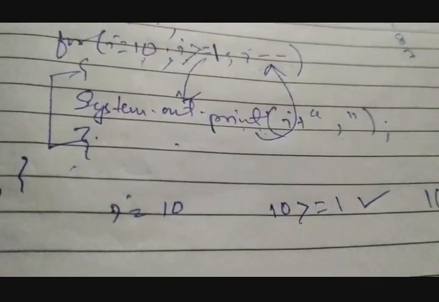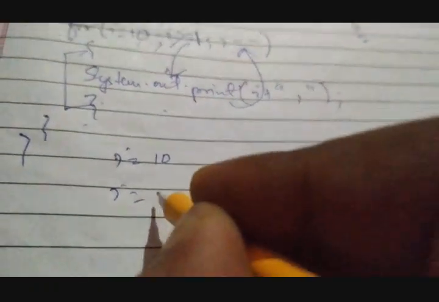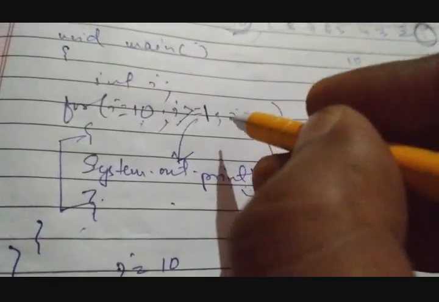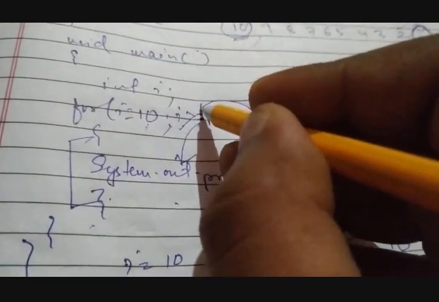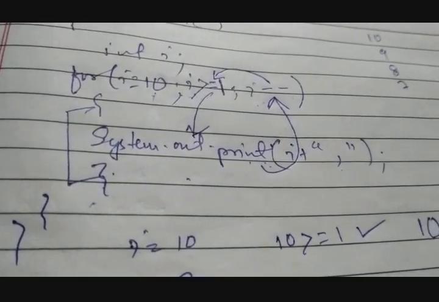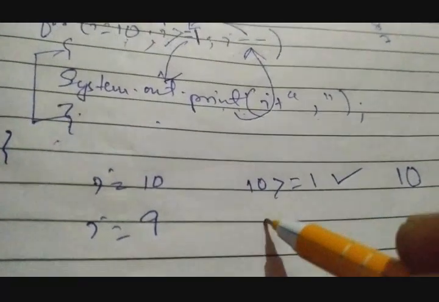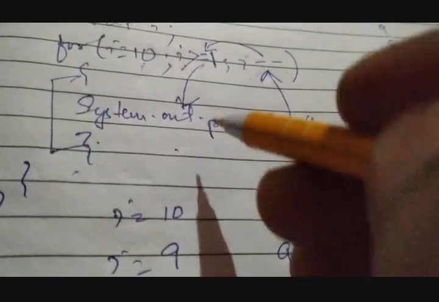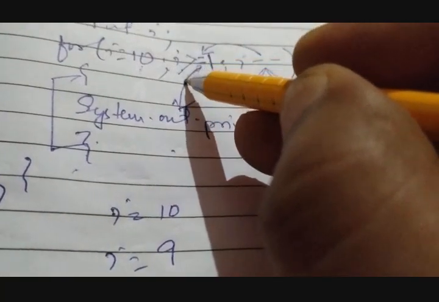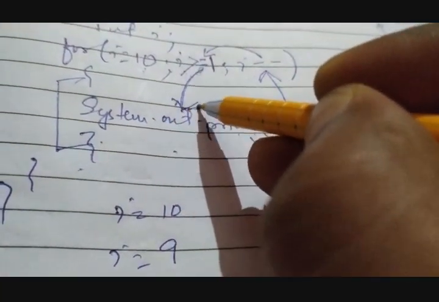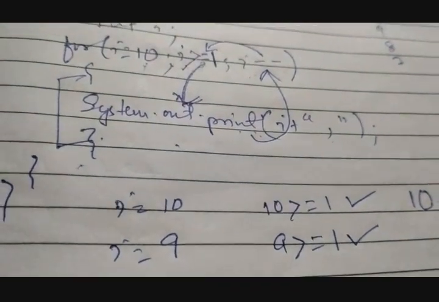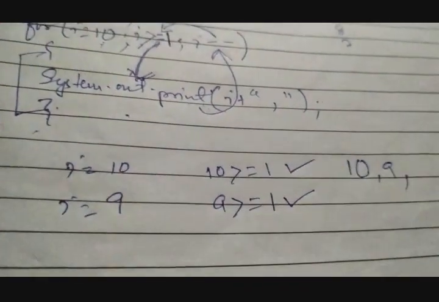So I minus minus, now I becomes 9. This is a new value, and this new value is again tested here. That is, 9 is greater than equals to 1. The condition becomes true, so again it enters into the loop and prints 9 comma.